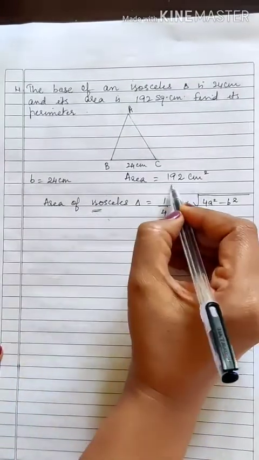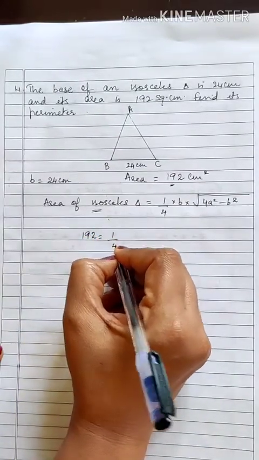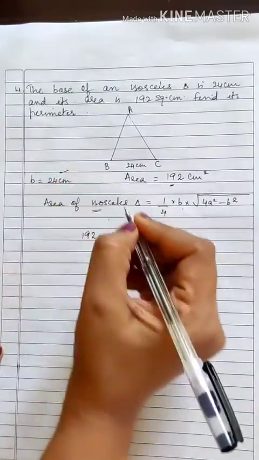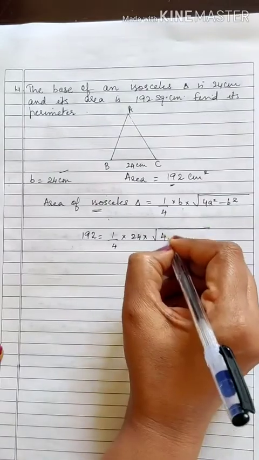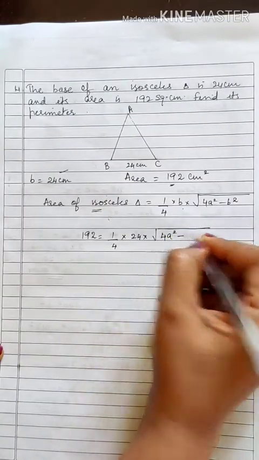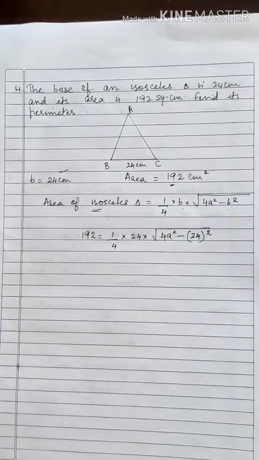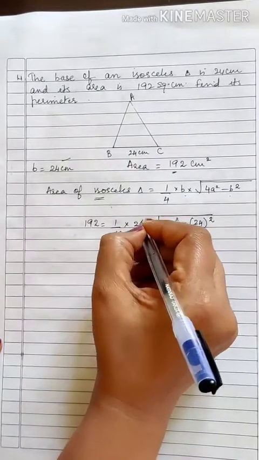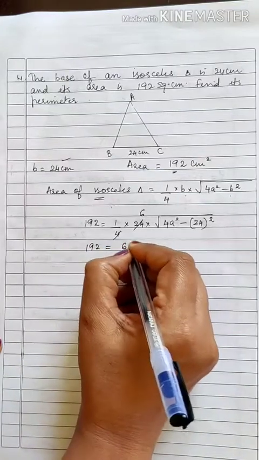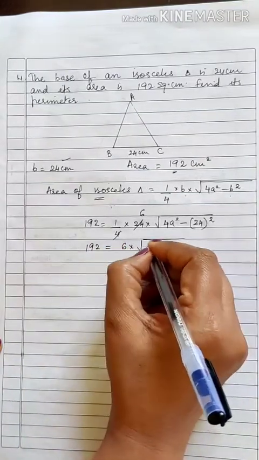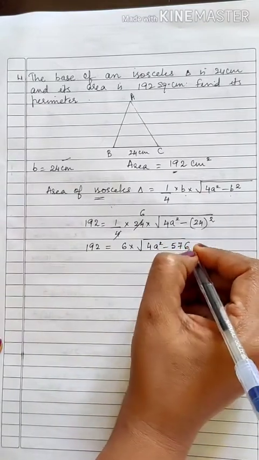What is the area given as? 192 is equal to 1 by 4 into b. b is your base, 24, into root over of 4a square minus b, b is your 24, square. Now this gets cancelled, so you get 192 is equal to 6 into root over of 4a square minus 576. 24 square is 576.